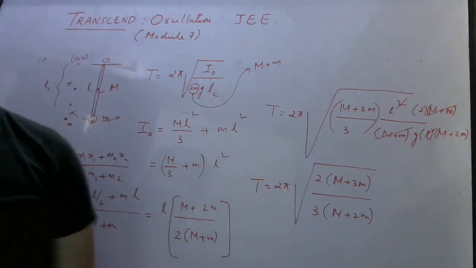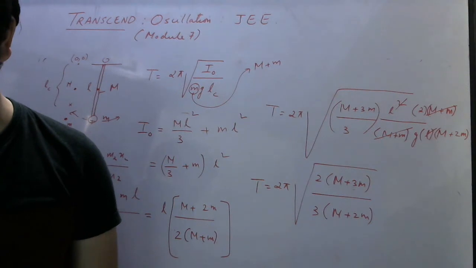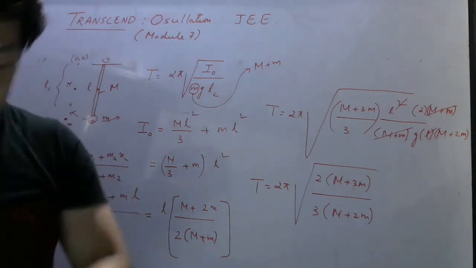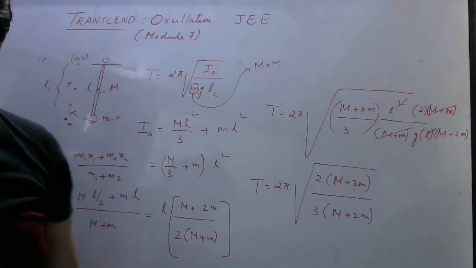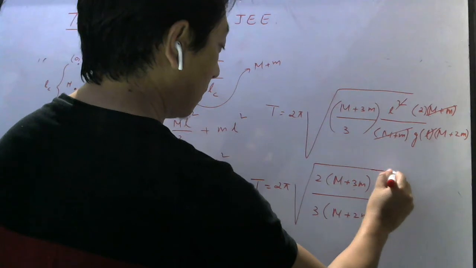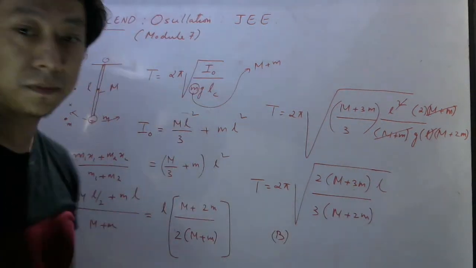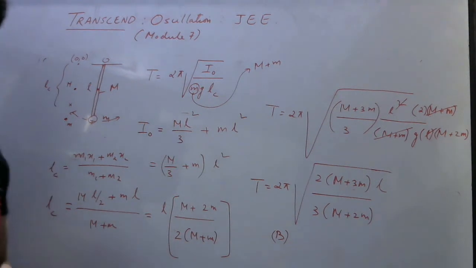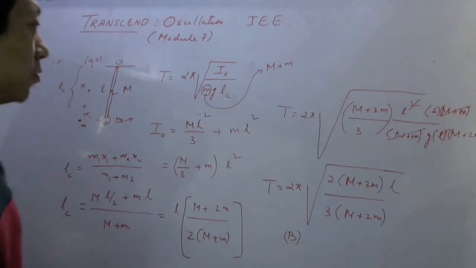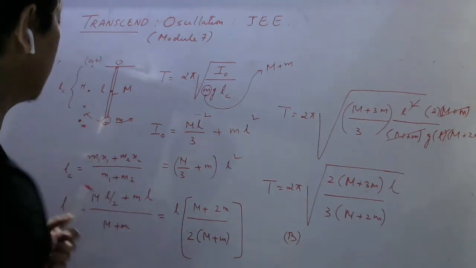So which is the right option? The right option is 2 by 3, (M plus 3m) by (M plus 2m), L by g. So this is option B. Okay. So this is how you have to solve problems when a distributed mass is made to oscillate like a pendulum.